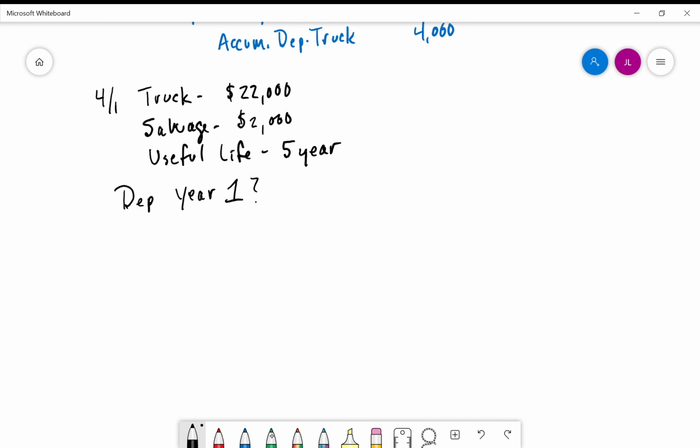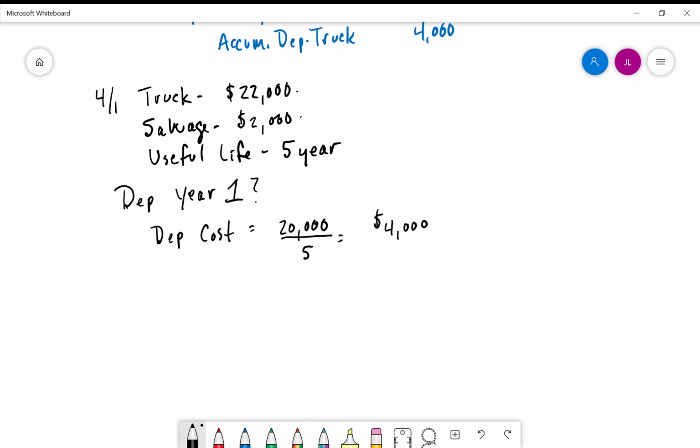We know depreciable cost over the life of this asset is going to be $20,000. Again, that's our historical cost of 22 minus our salvage value. Looking at a 5-year period, divided by 5, we'd have $4,000 per year.